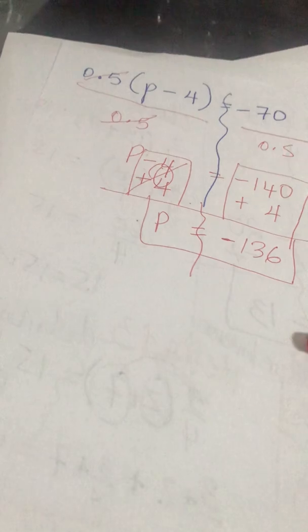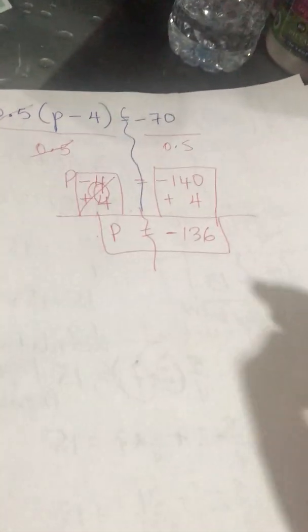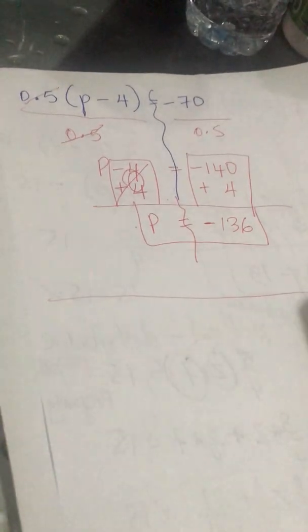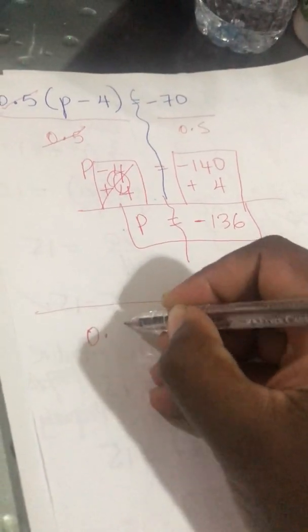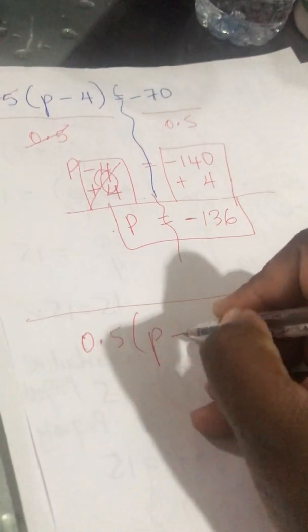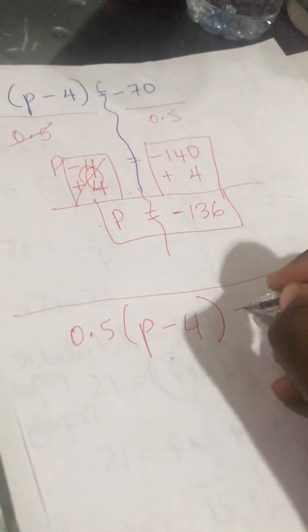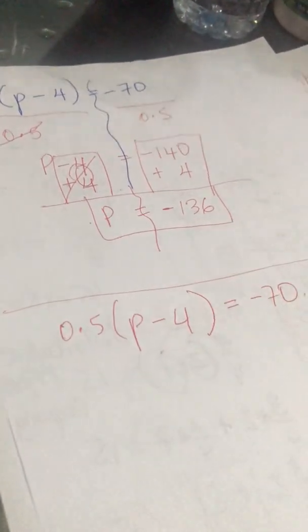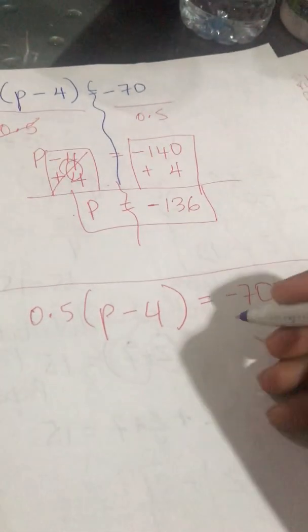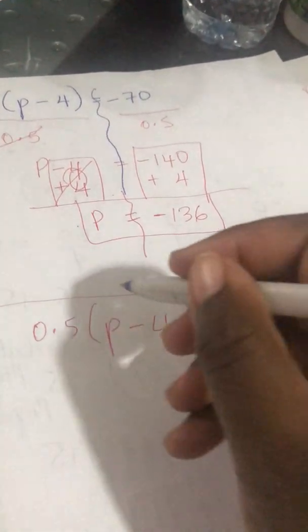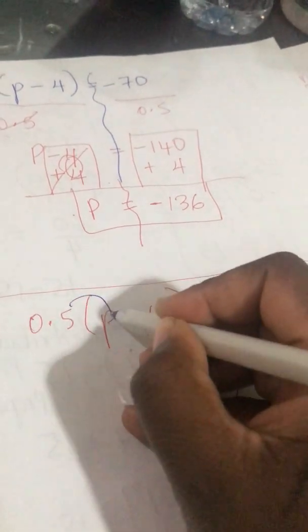And then let's do the one with distributive property. We do method 2. So you have 5/10 P minus 4 equals negative 70. There you put your bridge, multiply.